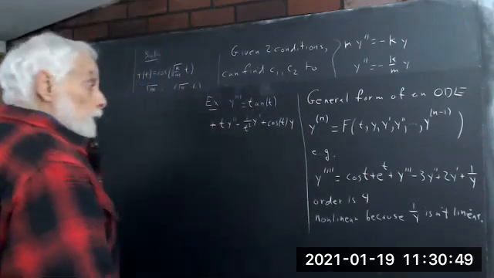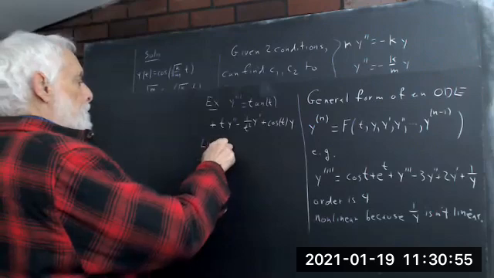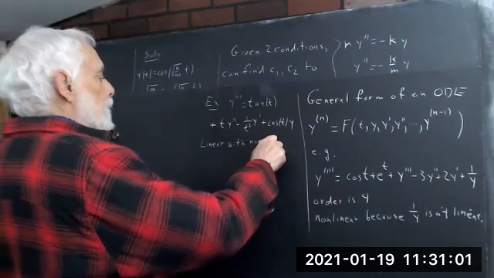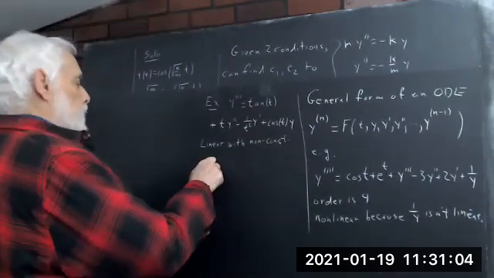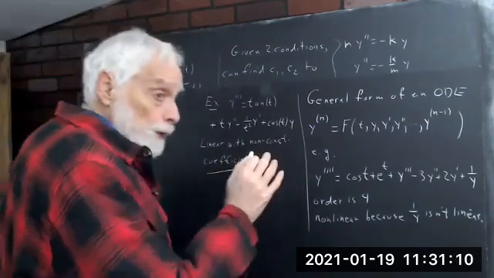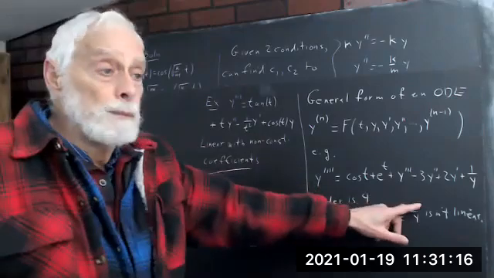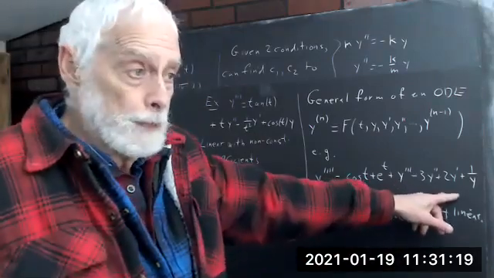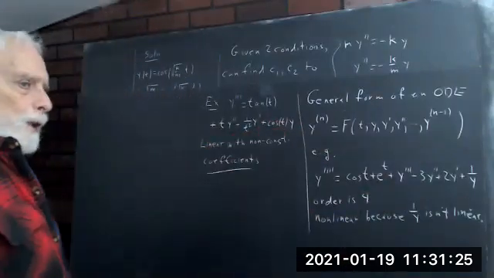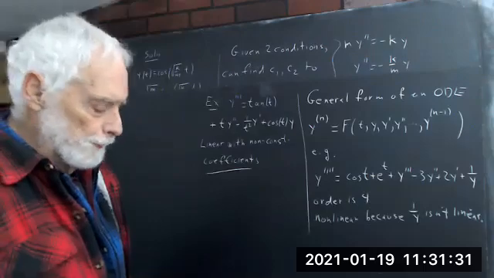Okay, this is still linear, with non-constant coefficients. Okay, this is linear, this is nonlinear, but you do have constant coefficients. Being nonlinear, whether the coefficients are constant or not, it's going to be hard to solve, usually. Okay, so that's classification of these things.